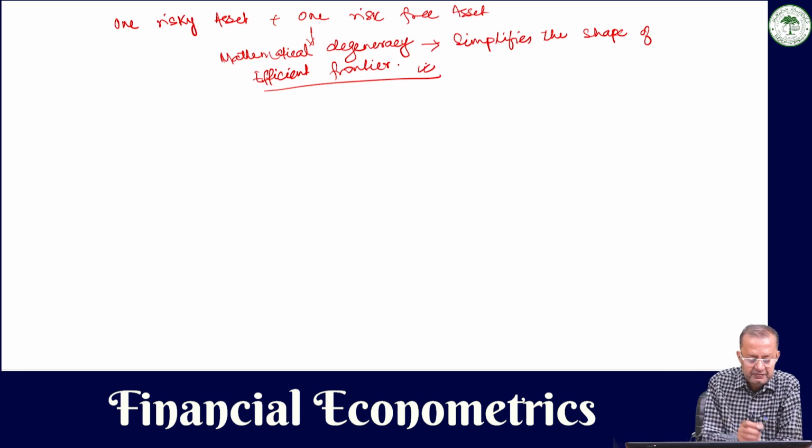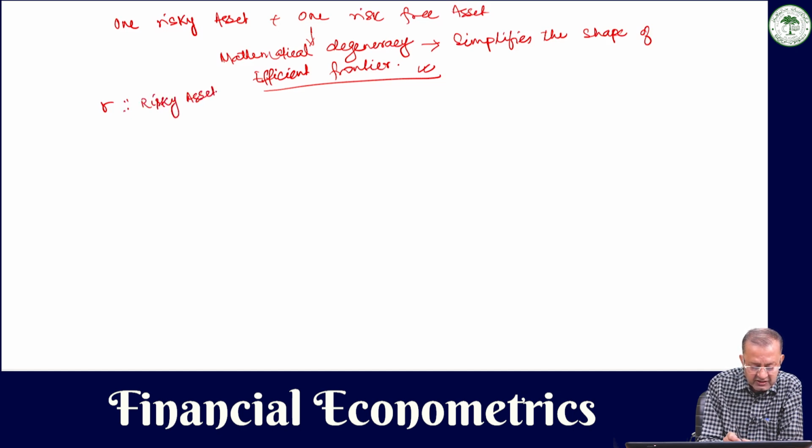Suppose we have an asset which is risky and the rate of return is R, with the mean rate of return on all such assets R bar, and variance sigma square.